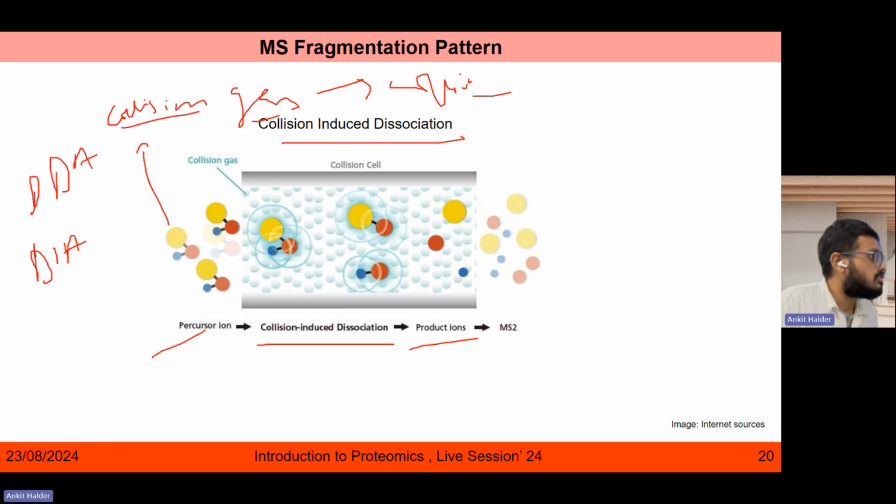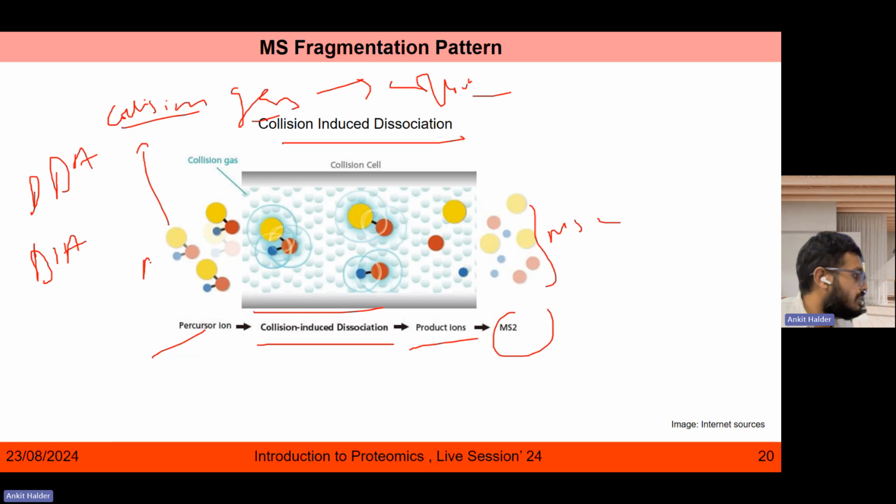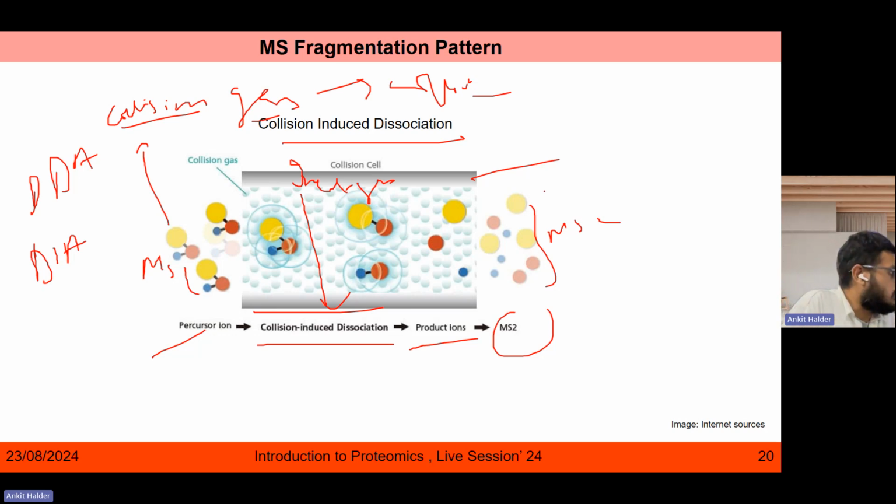From the precursor ions you get the product ions, finally the MS2 ions. So from MS1 to MS2, with the help of collision gas, generally inert gases like helium, you get the MS2 level fragment ions.